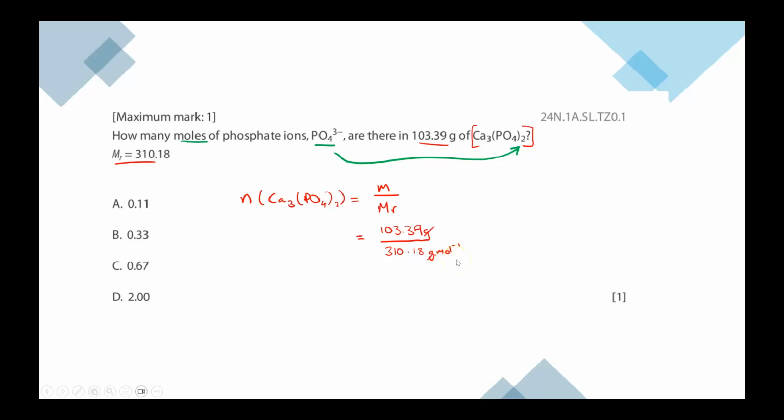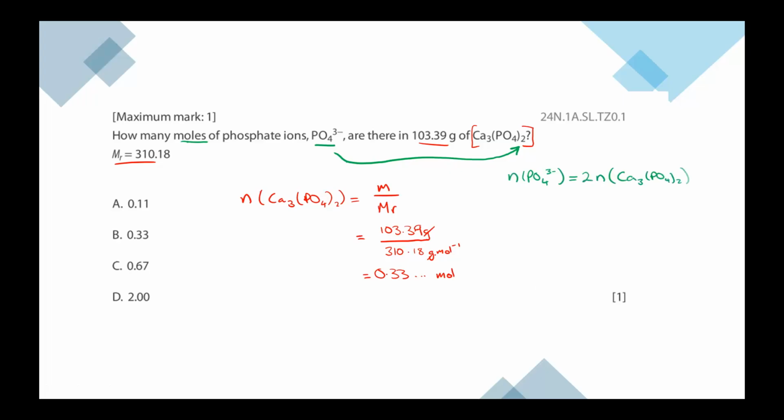Of course, those cancel out. Not that it matters, there are no units in this question, but these multiple choice questions are a good jumping off point for us to deal with how to do these questions in a broader context as well. So 103.39 divided by 310.18 gives us 0.33 moles. My numbers vary from theirs just a little bit.